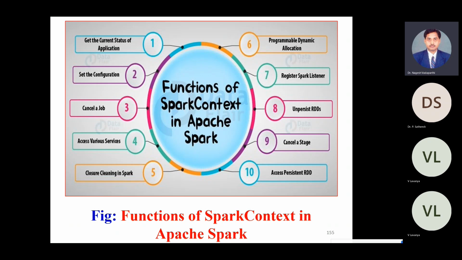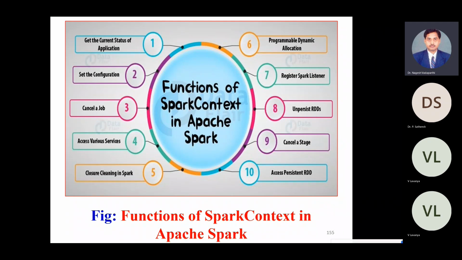So the first function in Spark context is to get the current status of the application, that means loading data into the system in Spark. The second function is to set the configuration, meaning how many executors, how much memory by default in Spark, how many client nodes, master node and slaves.